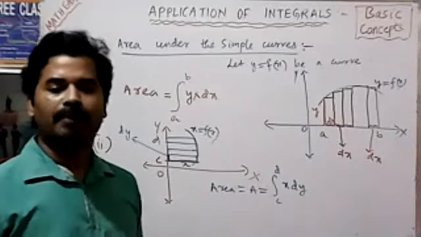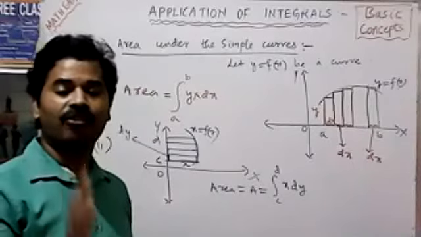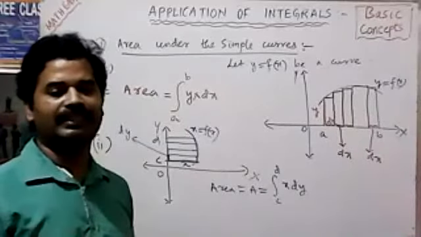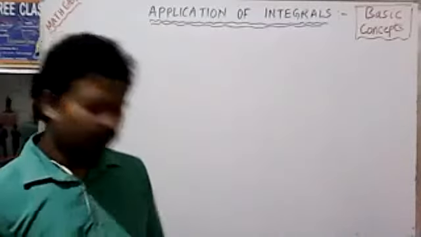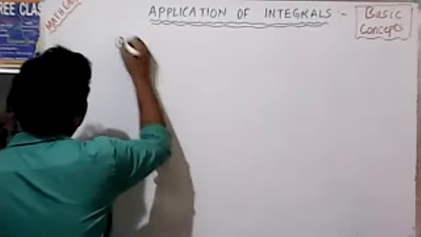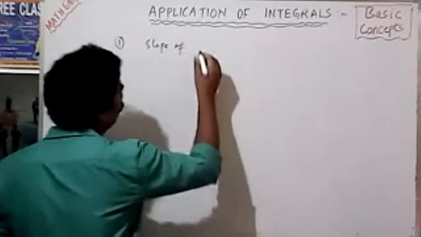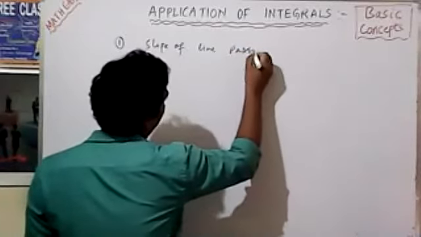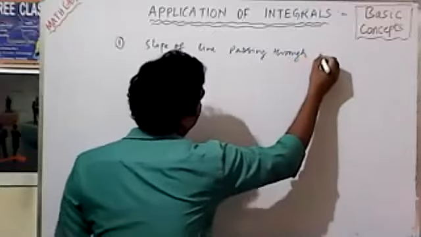Before finding the area, we have to know some different formulas of the conic sections and also some definite integrals. That is the most important. We have to know about the equation of a line. First, we have to find the slope of a line passing through 2 points.